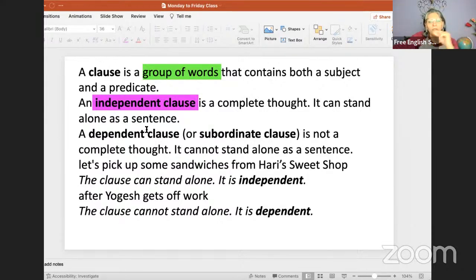A dependent clause or subordinate clause is not a complete thought, right? It's not complete because it is dependent. When someone is dependent, they are not able to do something by themselves. Even in life, right? It cannot stand alone as a sentence.